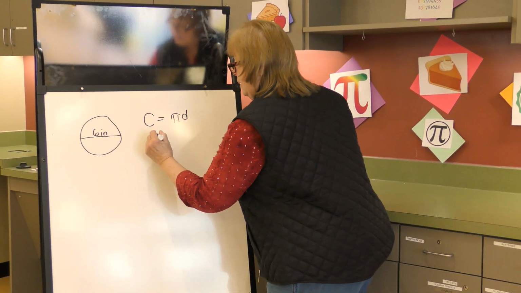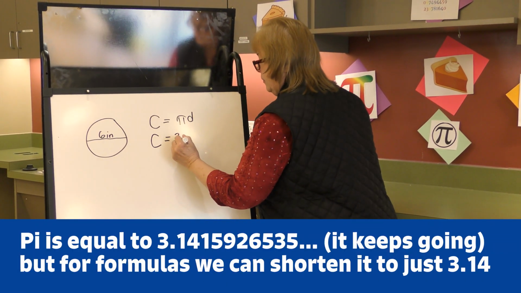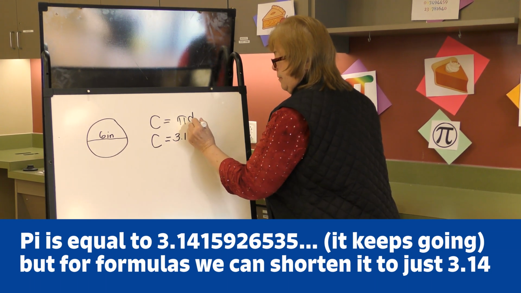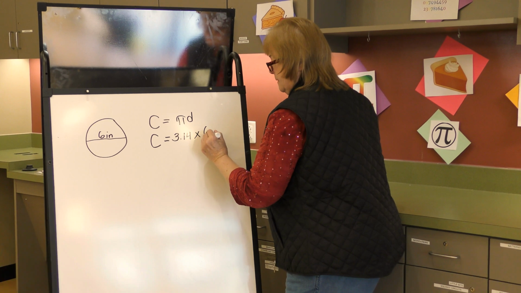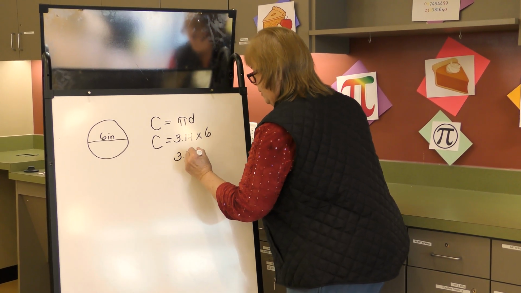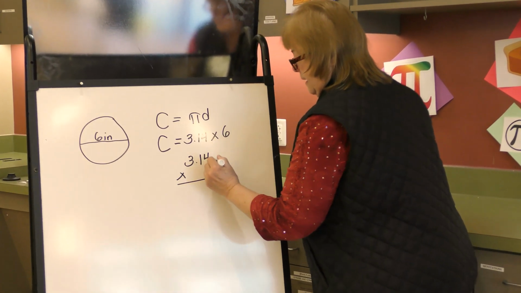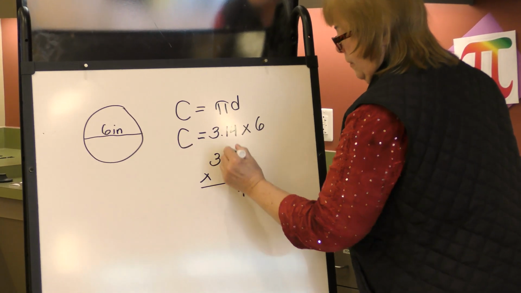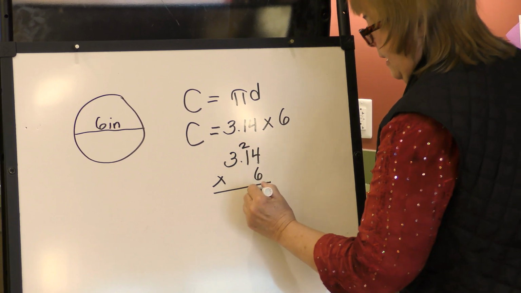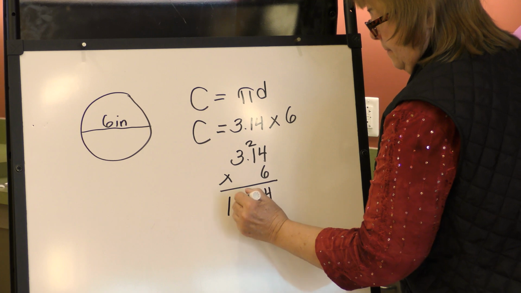So here we go. You write C equals, and what is pi? Pi is 3.14 times the diameter, which is 6. And now we'll show the math. 3.14 times 6. 6 times 4 is 24. 6 times 1 is 6, plus 2 is 8. 6 times 3 is 18.